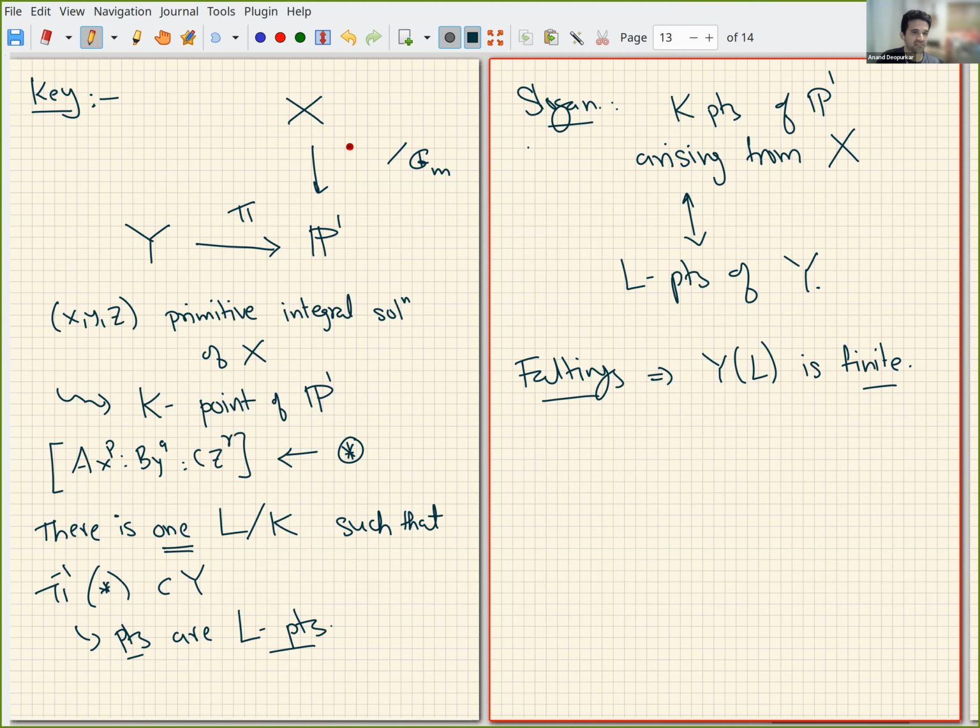As a result, you can prove that primitive points of X with no common GCD are finitely many. The key is not to look at all points of P1, but points of P1 which should count as points of that orbifold, meaning coming from X, and those, up to a finite extension, are points of a higher genus curve.